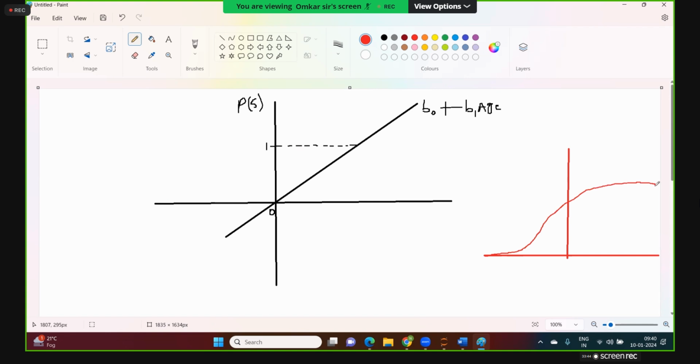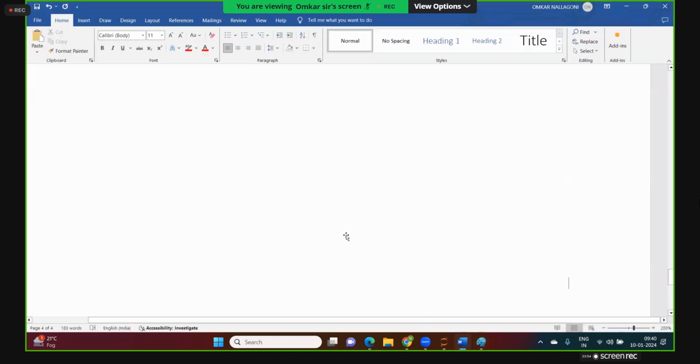Like this. This is the S equation. So this is one more diagram. And that name is called the sigmoid function.